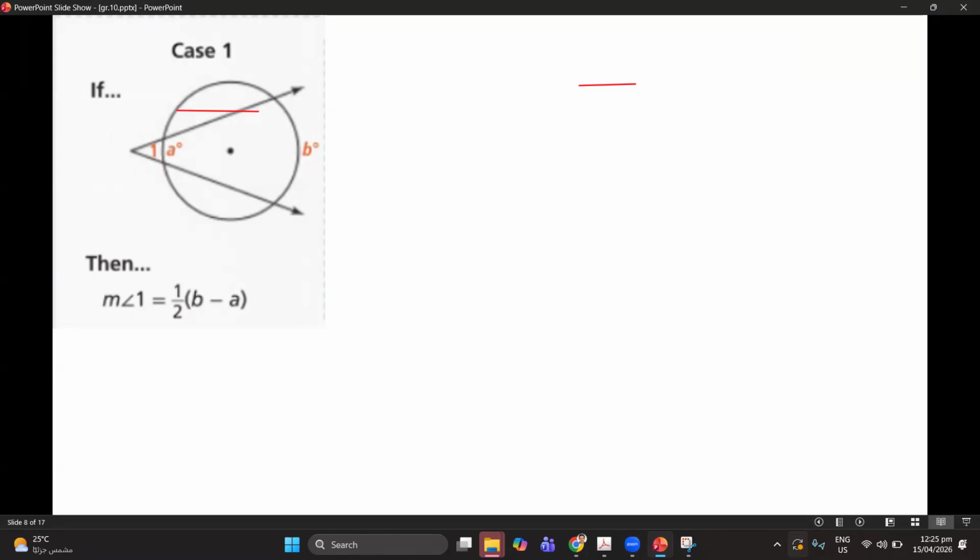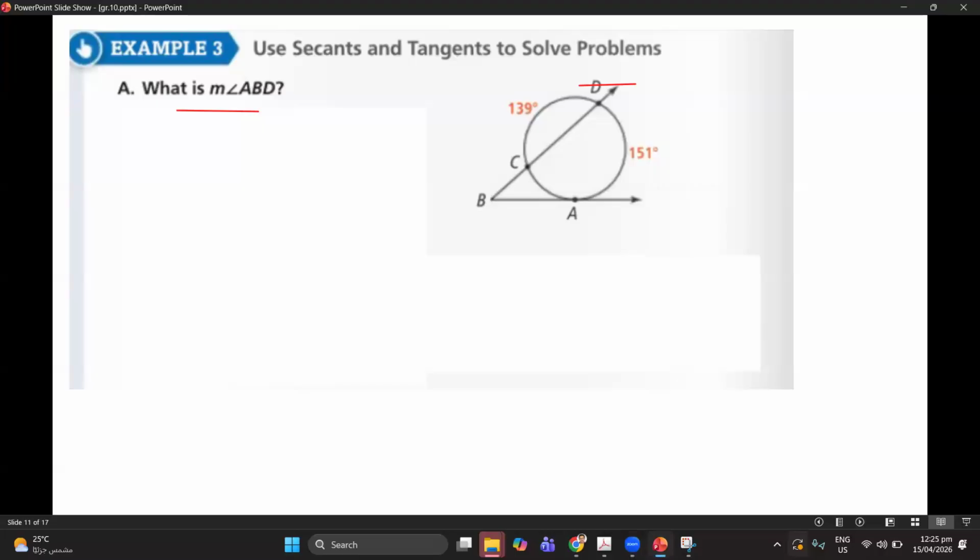Okay, but if the intersection is inside, I will add.